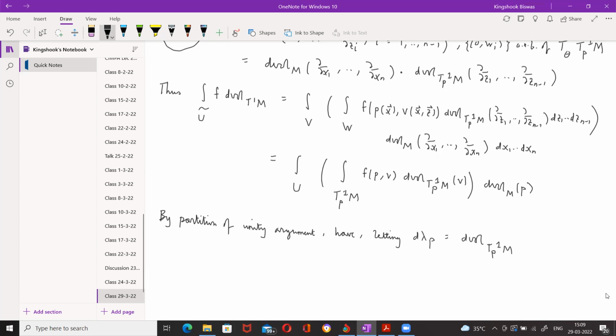Okay, so this is a measure on the unit tangent sphere, the volume measure of the unit tangent sphere. Is this all right?